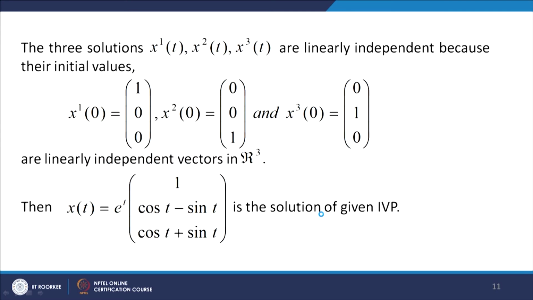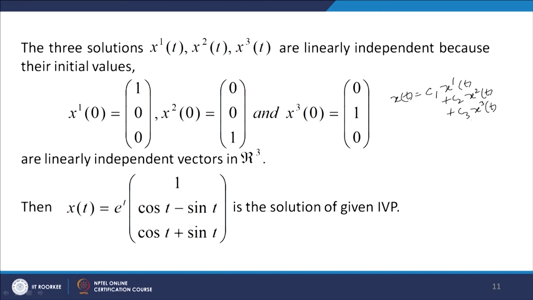So, for that, you write the general solution. The general solution is x(t) = c1 x1(t) + c2 x2(t) + c3 x3(t). We have seen that x1(t), x2(t), x3(t) are linearly independent.